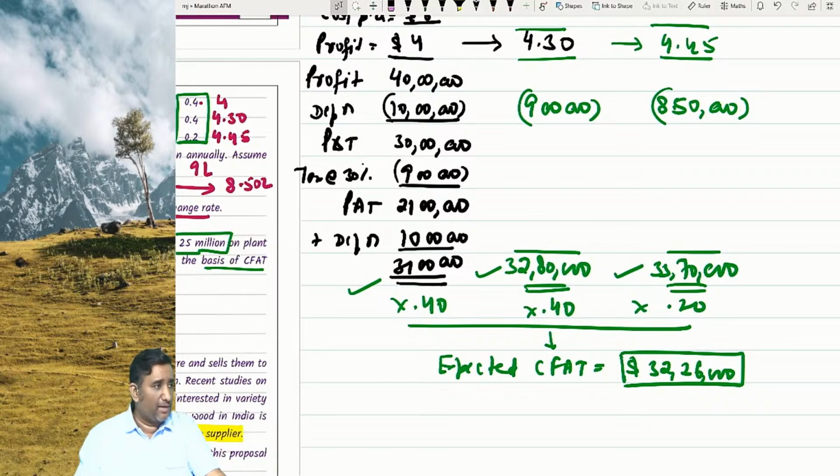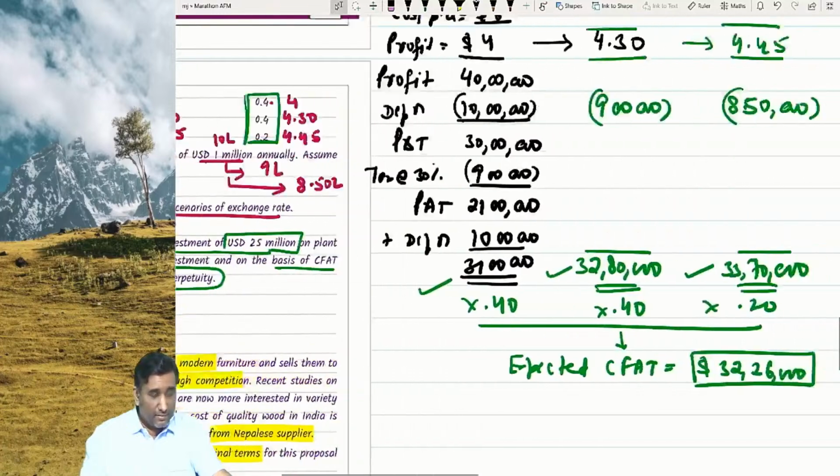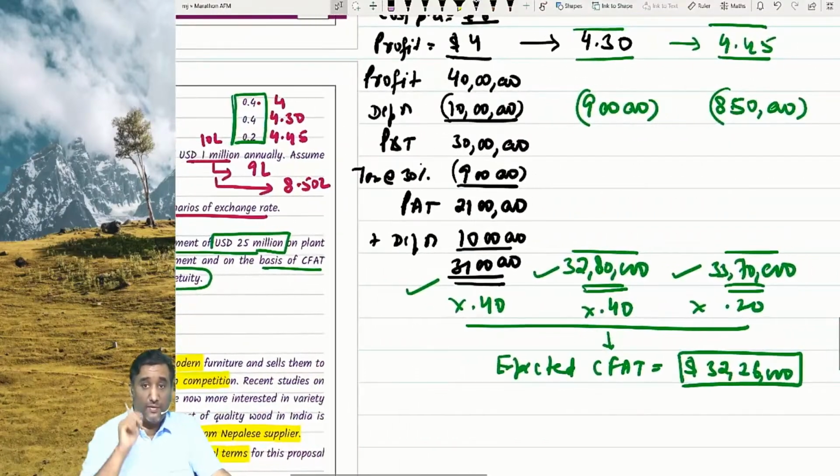So 2 crore 50 lakh minus 2 crore 50 lakh you'll get. Now the problem is, tell me what is my perpetual value. How do you calculate? We just calculated it in the earlier question. Perpetuity value. Growth is also given here. Expected cash flow.